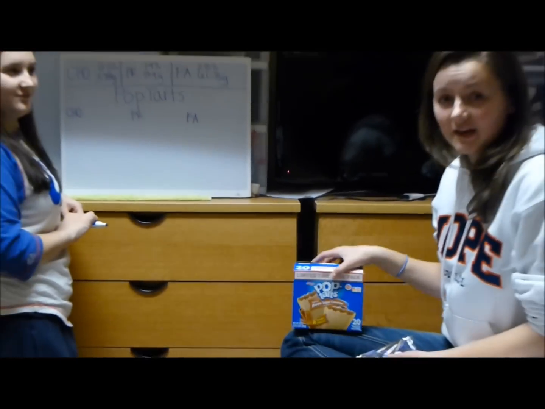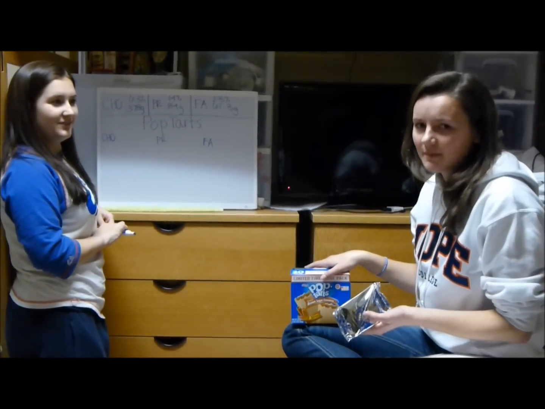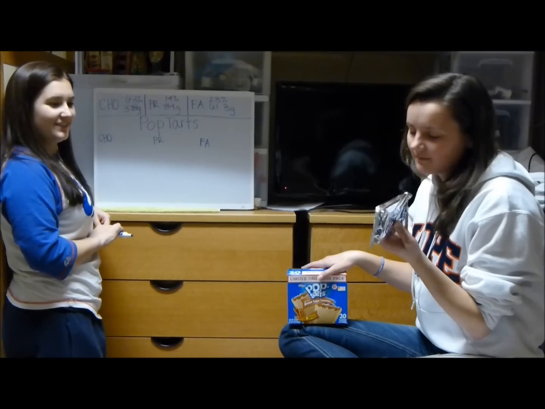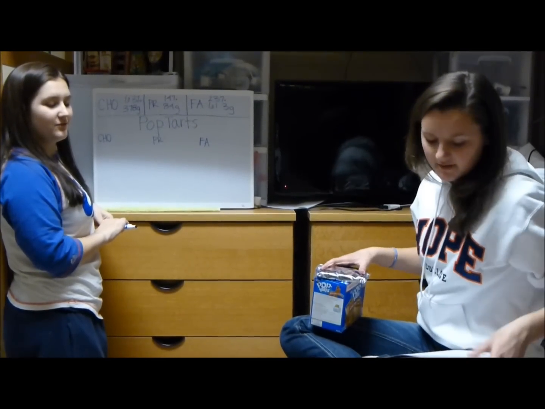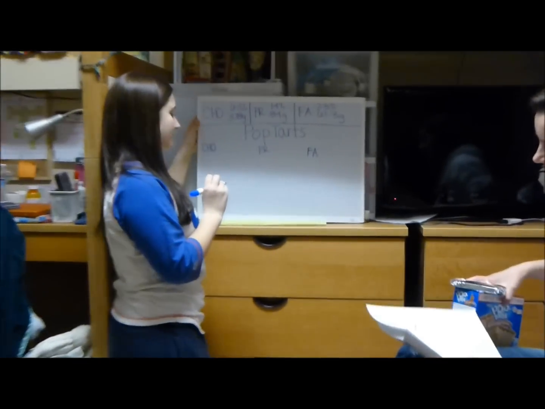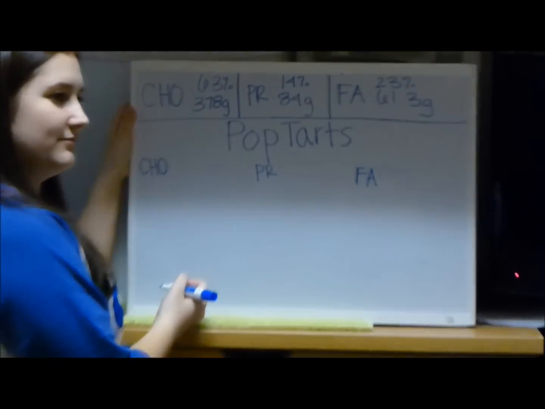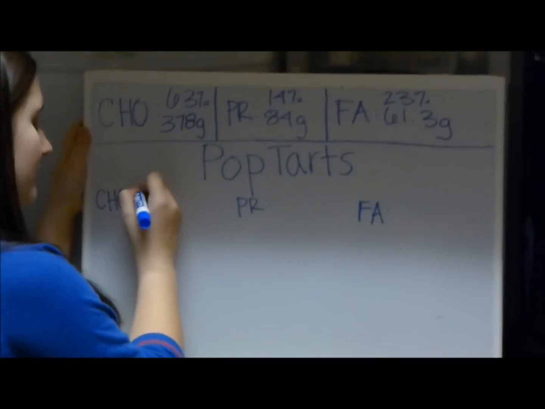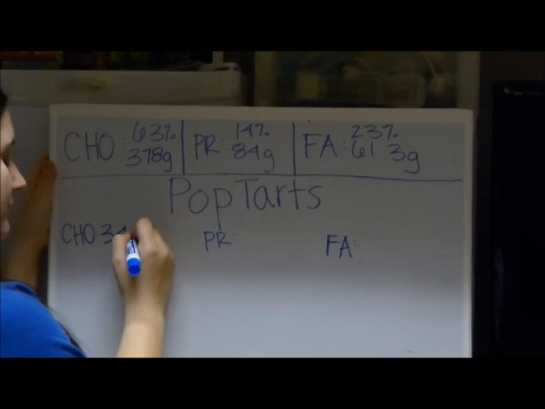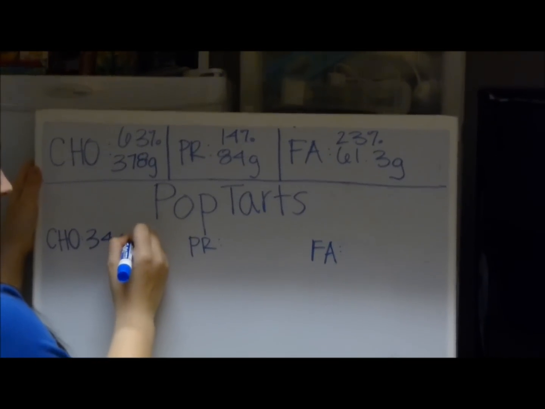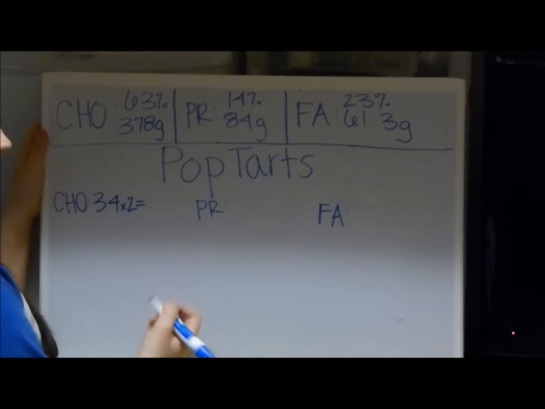One serving is only 1 pastry, and usually if you eat Pop-Tarts, you're going to eat both of them. So we calculated it using 2 Pop-Tarts. So 2 servings. So the grams for that was 34 for carbs, multiplied by 2 to get the 2 pastries you would usually eat, equals 68 grams.